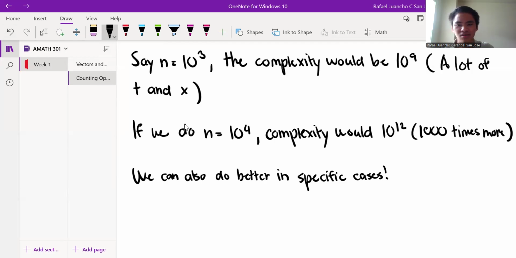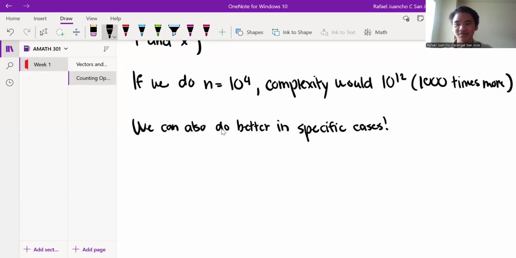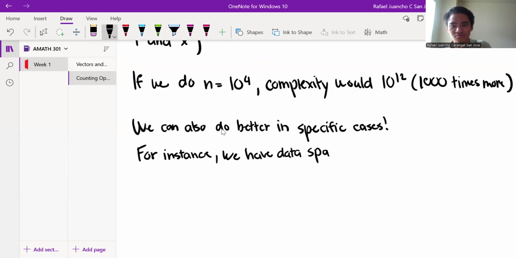For instance, we have matrices that are data sparse. We already unlocked the term data sparse, missing data. So for instance, we have data sparse matrices. What's an example? Well, from one of our special matrix types, a diagonal matrix, right?